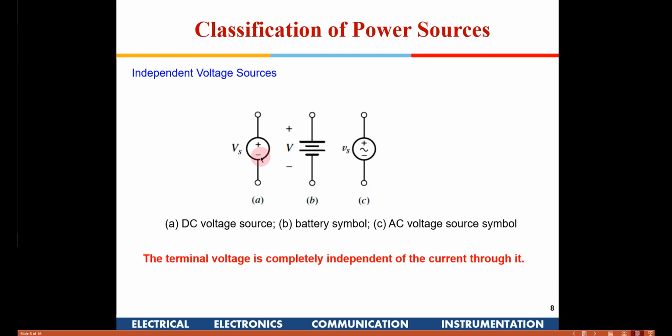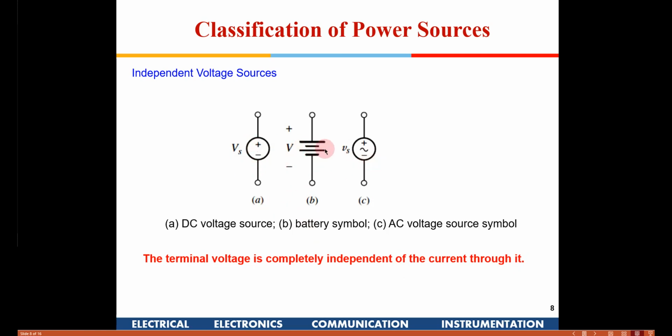So for independent sources, these are the symbols which we use. This is for a DC voltage source, this is for a battery, and this is for an AC voltage source. The thing to note out here is the terminal voltage is completely independent of the current through it, because these are all ideal sources.